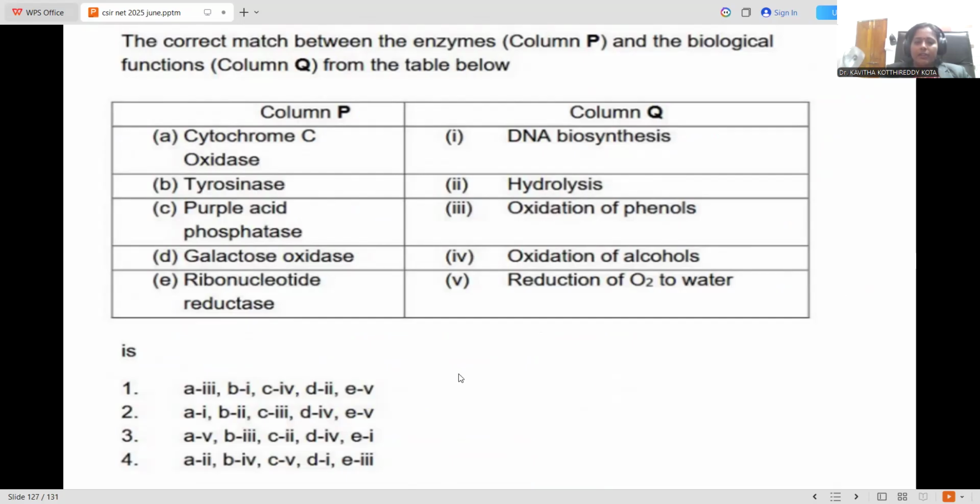Galactose oxidase is made for oxidation of alcohols. Ribonucleotide reductase is made for DNA biosynthesis. A with 5, B with 3, C with 2, D with 4, E with 1. All are provided in option number 3. For this question, option number 3 will be the correct answer.